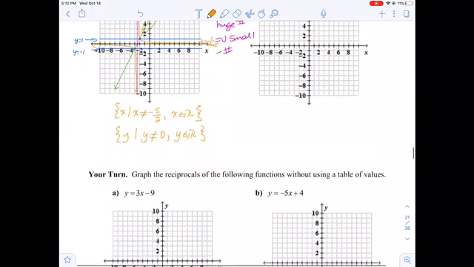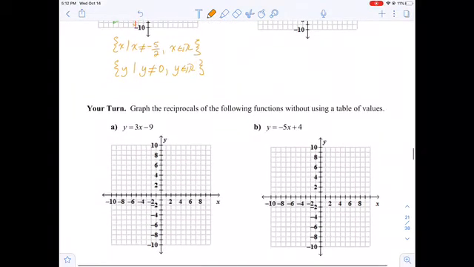Okay, I would like you now to pause the video, and why don't you try graphing these two functions, okay? Go on and try it. Don't just wait for me. Go ahead now, pause the video.